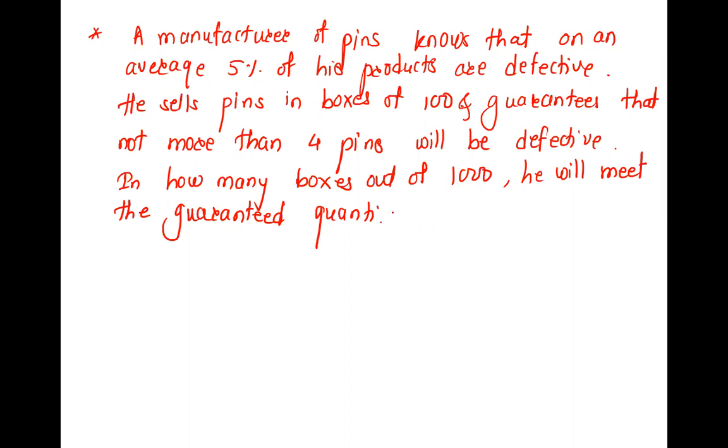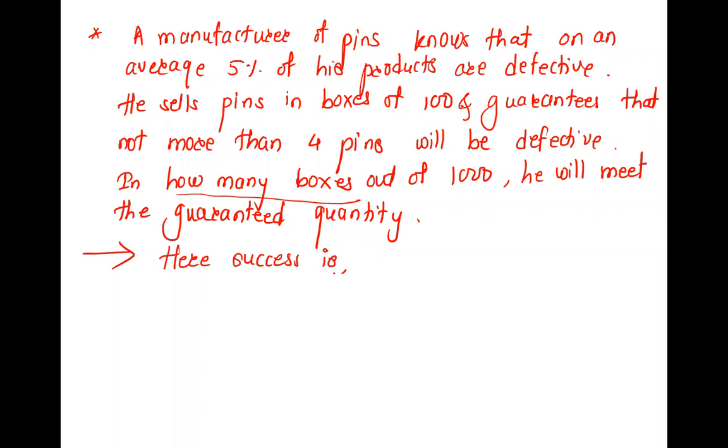Is it a probability or frequency question? How many boxes? Yes, frequency. So first we go with probability and then we can go ahead with frequency. First we need a success here. Try to understand the question and define success. A manufacturer of pins knows that on average 5% of his product are defective.